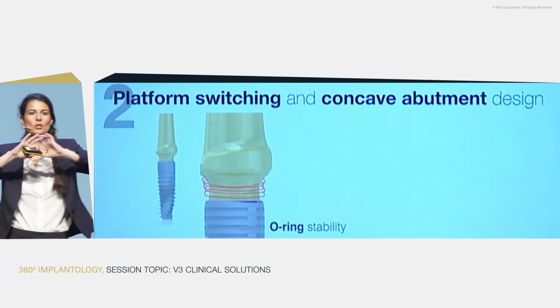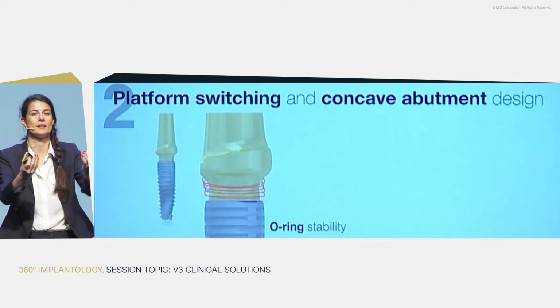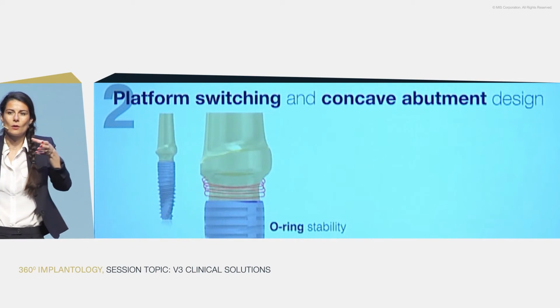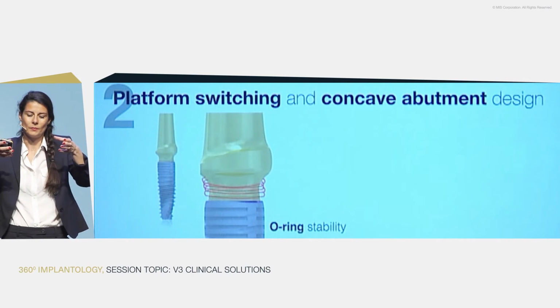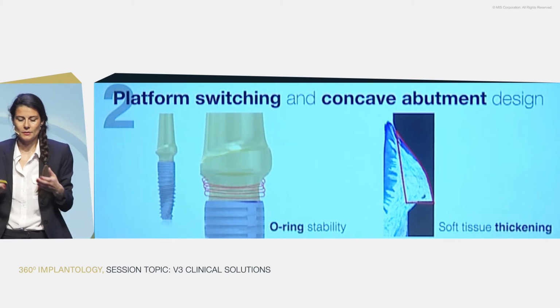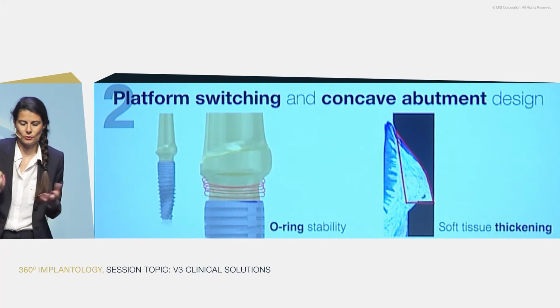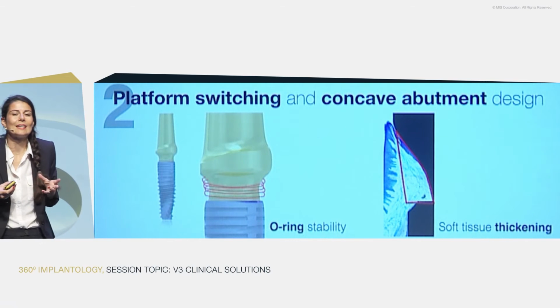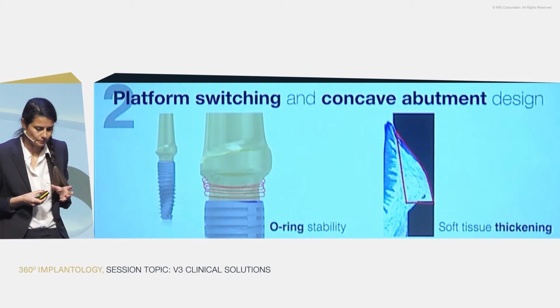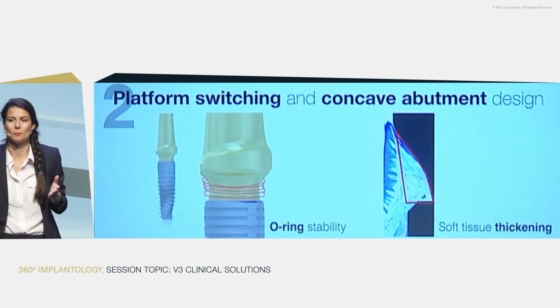The collagen fibers are in a circular organization, and this gives a vertical stability. So this is what I would call the O-ring stability. And on the other side, by using such an implant prosthodontic design, there is a thickening of the soft tissues under the shape of the abutment.